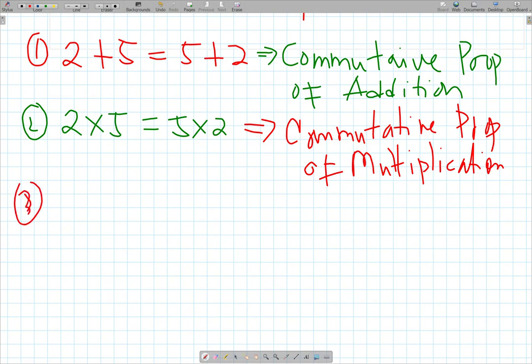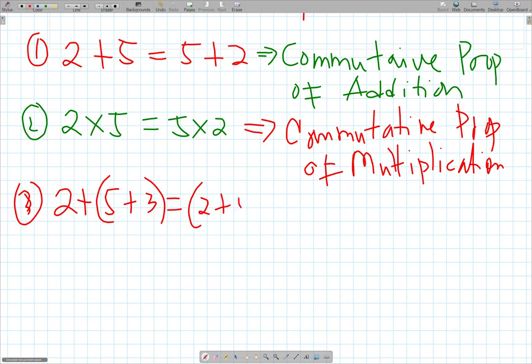Next example, pag naging tatlo na ang number. Number 3, tatlo ang number. Let's say, 2 plus 5, no? May parenthesis na, plus 3 is equals to 2 plus 5 plus 3. So, ano ang property dito? Diba, ilan yung number dito involved? Tatlo.